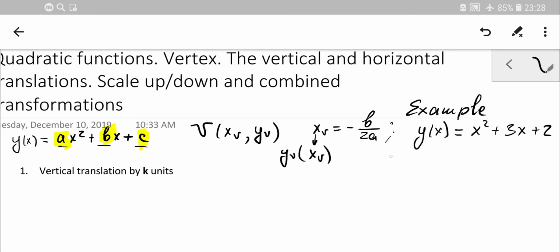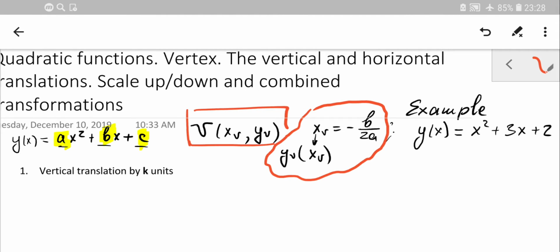First of all, let's calculate x vertex according to the formulas. I just put them here so that you make sure you understand how to do that. I don't explain why, here's just a given shortcut so you can use it. Later on, I'll definitely show you why it is so.